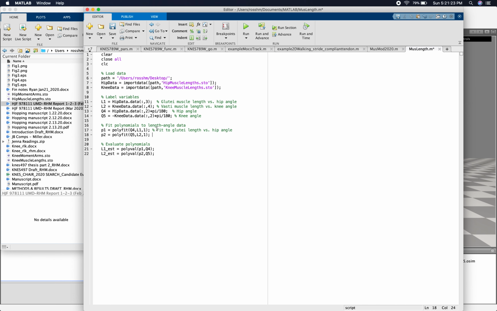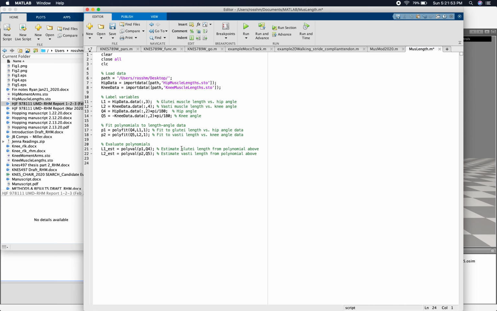Let's just label these things so you guys can hopefully be clear what I'm doing here. Estimate glutei length from above. Oops. And same thing for vasti length.